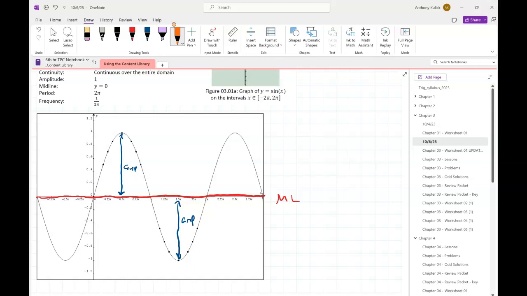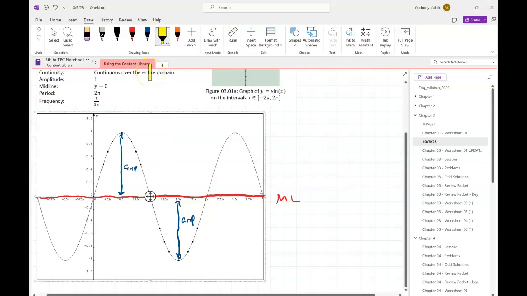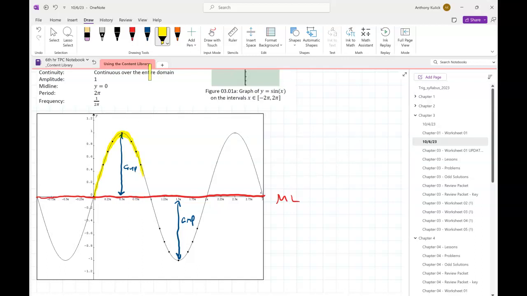The period is the length of the shortest non-repeating segment. So let's say that we think about starting here at the origin. I do an up, and then I do a down, and I end back at the origin. Then I start another up again, right? So that's one cycle of my graph where I started at the midline, did an up, did a down, and then ended back at the midline.